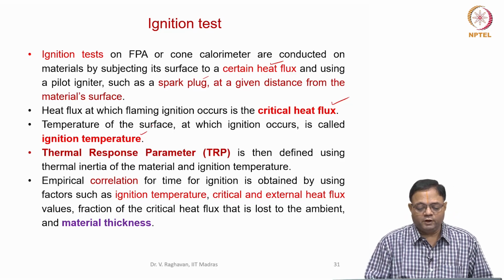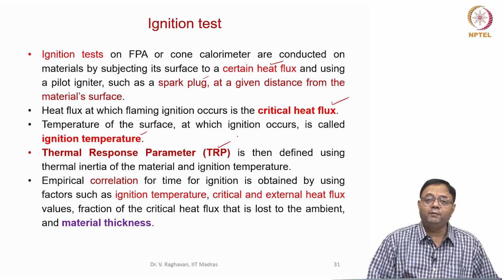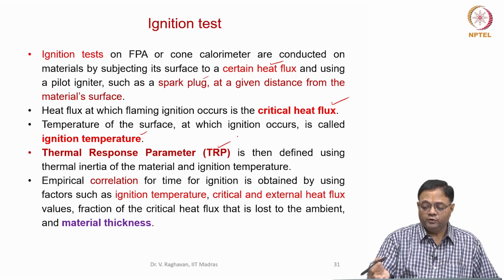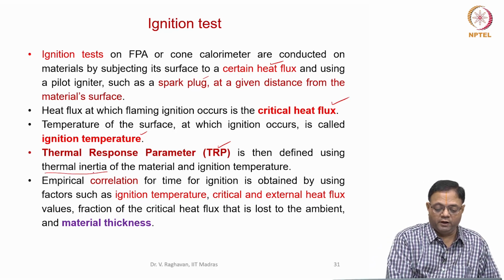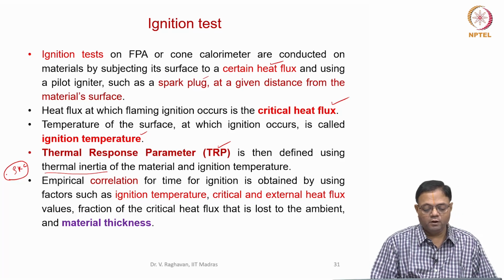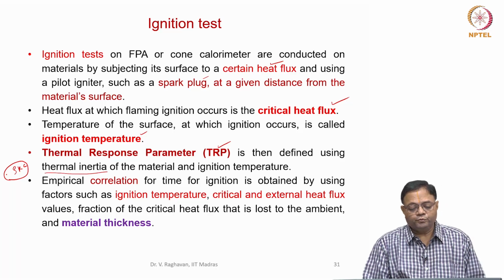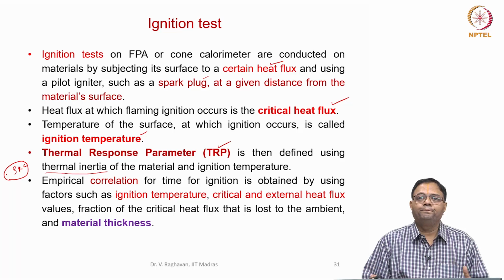Now, as I told you in the beginning, the thermal response parameter, TRP, can be defined using the critical heat flux, ignition temperature and the material property, thermal inertia, rho K c. The main purpose of these tests is to vary the material composition.